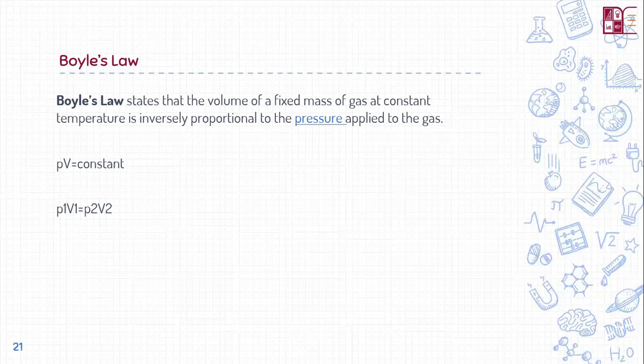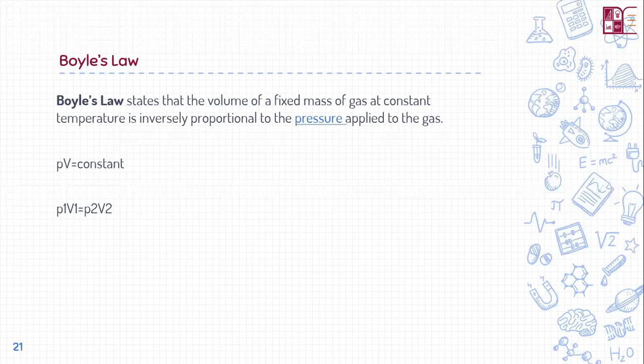So what they're trying to say is PV is a constant. If you're going to compare two states, P1 V1 equals P2 V2, P1 being the initial pressure, V1 being the initial volume, P2 the final pressure, and V2 the final volume.